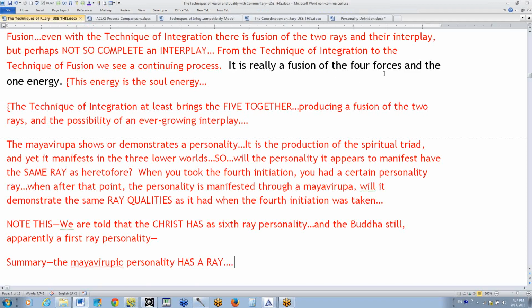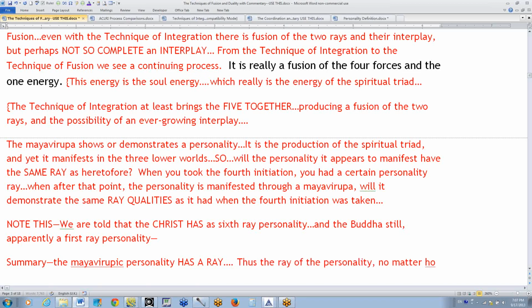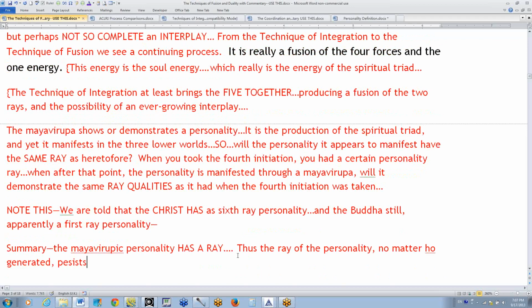So anyway, it's really the fusion of four forces and one energy, and that energy is that of the soul, but this is the energy of the soul, which really is the energy of the spiritual triad. And even the ray of the personality persists. Thus, the ray of the personality, no matter how generated, persists even in higher stages of evolution.